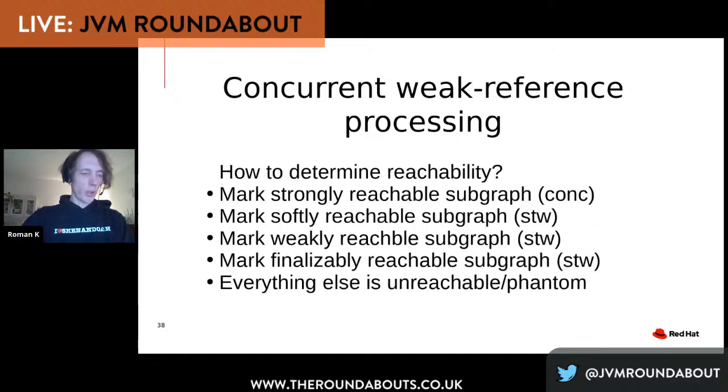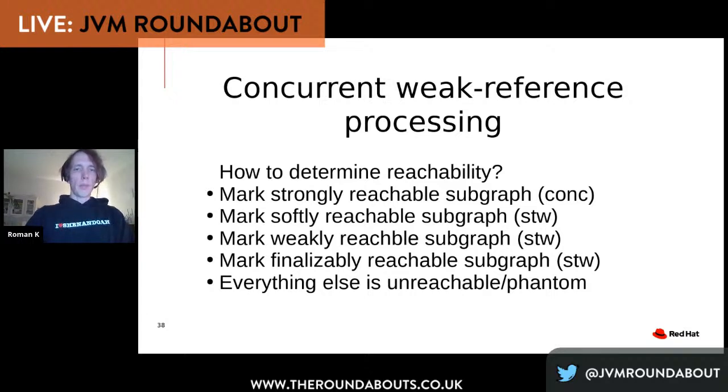So how does it work? How would this be handled in a traditional GC? I need to hurry up a little bit because I'm running out of time, but let's go over this quickly. Usually how to do this is we mark the reachable subgraph of the heap by traversing these strong references first. This can be done concurrently, like the G1 GC does or the concurrent mark sweep does.